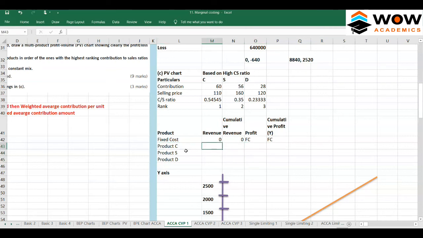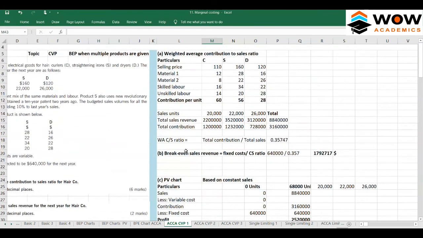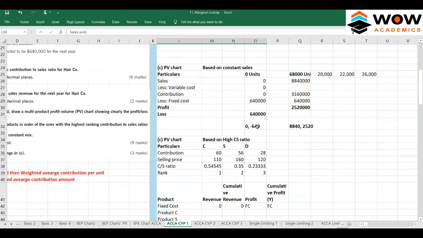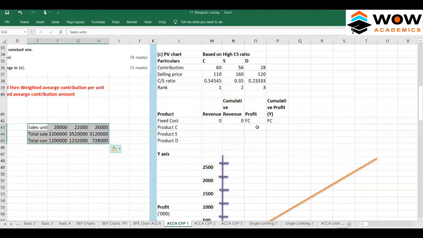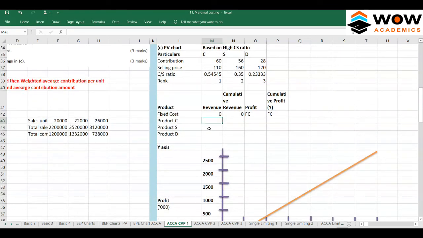The revenue for the product, I think we have to copy it from the earlier numbers. We'll just paste it here. The revenue is, we have cut already 3 zeros, so we'll do the same thing here. So it will be 2200.